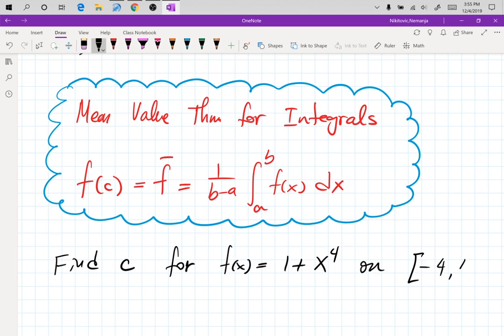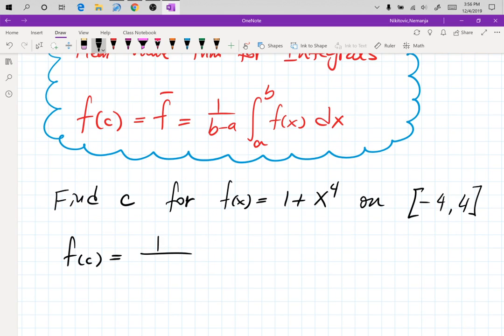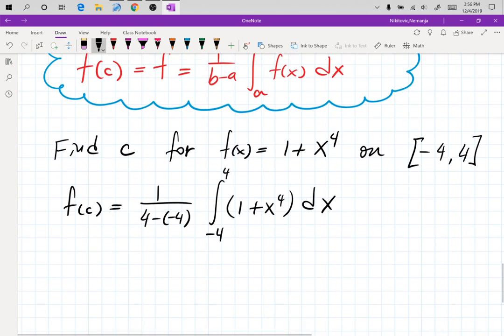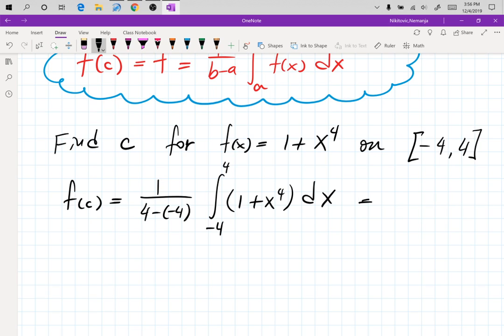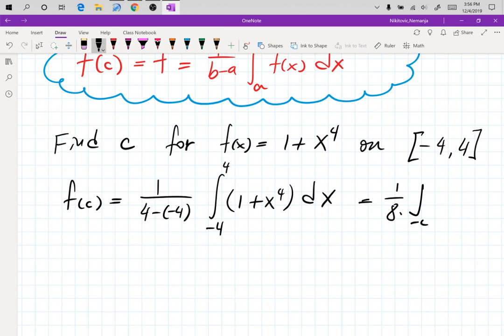Okay, so f of c is equal to 1 over 4 minus negative 4, integral negative 4 to 4 of 1 plus x to the 4 dx, and this is equal to 1 over 8 integral negative 4 to 4 of 1 plus x to the 4 dx.